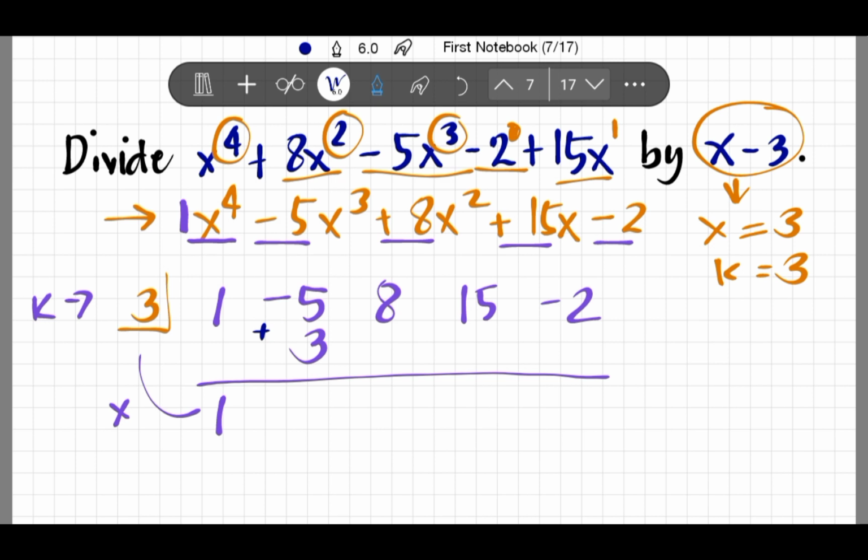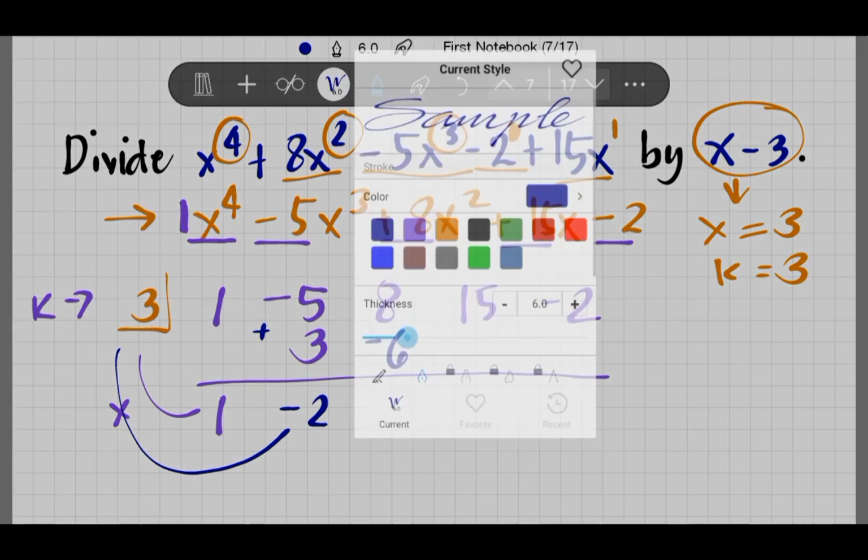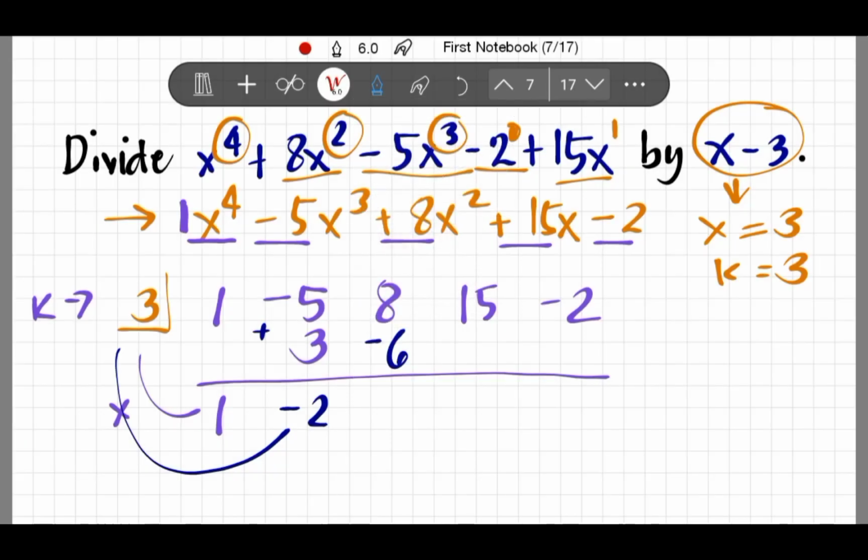Negative 5 plus 3 is negative 2. Next, negative 2 times 3, you have negative 6. So, next, add. 8 plus negative 6 is positive 2.